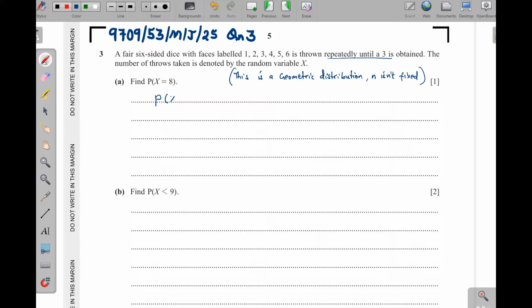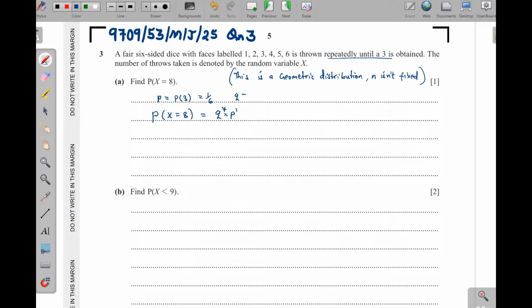So probability of x is equal to 8 is going to be equal to q power 7. 7 times you are failing, and then the last time you succeed. Okay, now what is our P? Our P is the probability of getting what? A success. So that is the probability of obtaining a 3. And a 3 is 1 out of the 6.